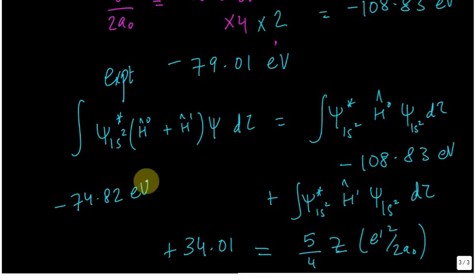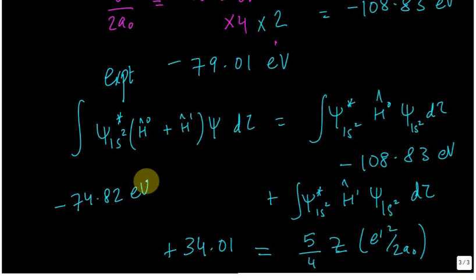And the experimental one is minus 79 eV. So the moment I included the interelectronic repulsion terms, with my guess function being the same 1s orbital for hydrogen, except that Z was included now, I get somewhere close, minus 74.82 electron volts.